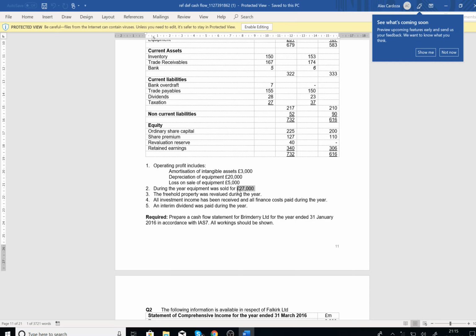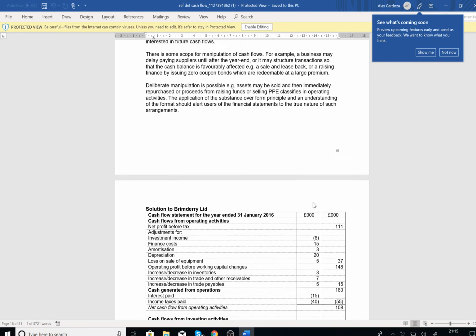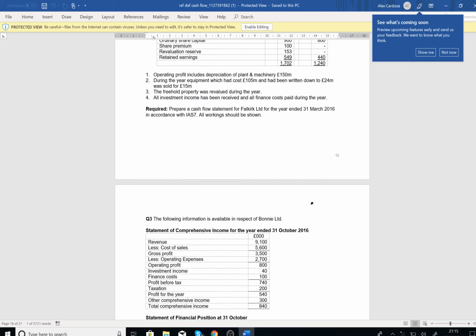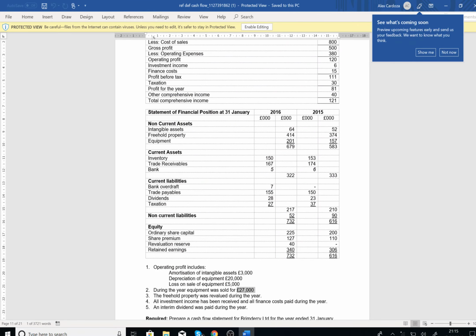Because you've got to remember your equipment and stuff is an investment. So if you buy or sell it, you have to put it in the investment activities. And then the purchase of equipment, 96,000. So purchase of equipment.